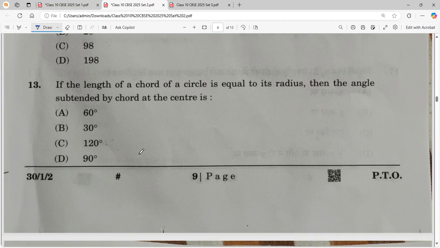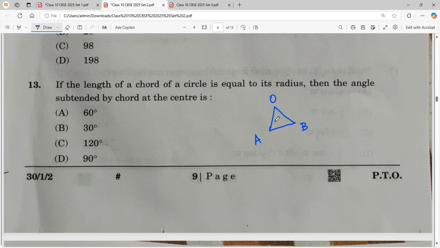If the length of a chord of a circle is equal to its radius, then what is the angle subtended by the chord at the center? So let's say O is the center, AB is the chord.